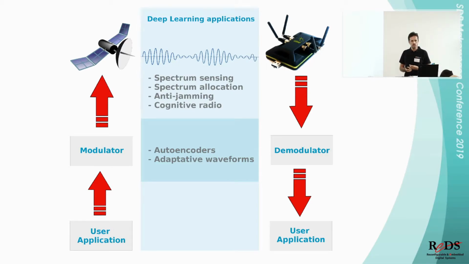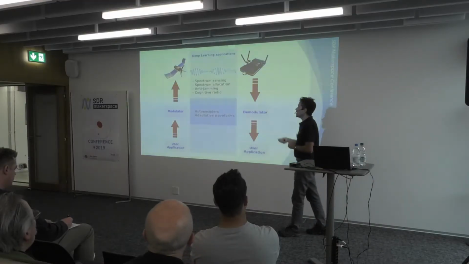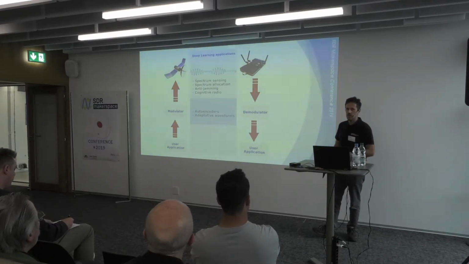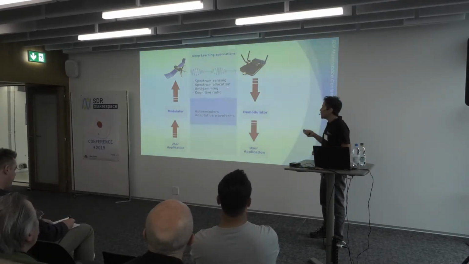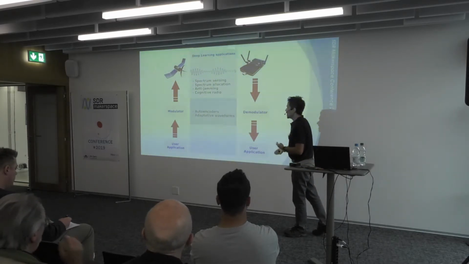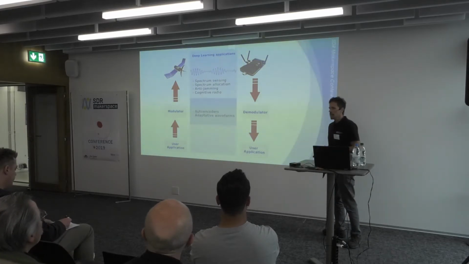So if you now have a very broad idea of what machine learning could be, why could machine learning and SDR be meaningful? Basically because there are a lot of challenges in communication that could benefit from a machine learning approach. I just listed some of them without any presumption of completeness or being too specific on any of them. Of course, we can do spectrum sensing, so we can understand what's going on in the electromagnetic spectrum. We can work on dynamic spectrum allocation. We can detect jamming and deploy anti-jamming techniques.